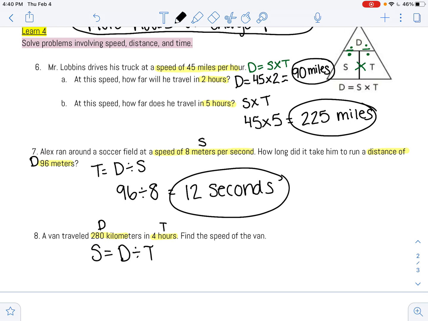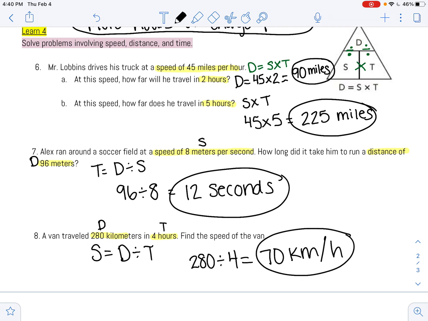So I'm going to plug in my numbers. I have 280 divided by 4. And when I divide, I'm left with 70 kilometers per hour. So speed is an example of a unit rate.